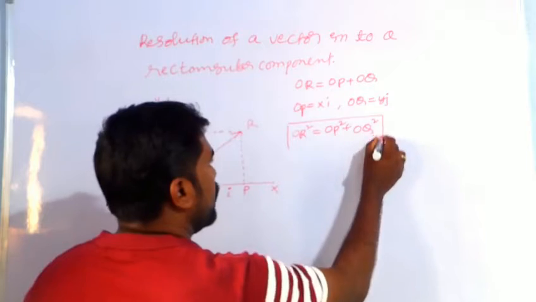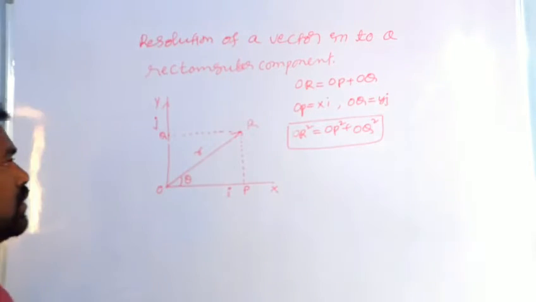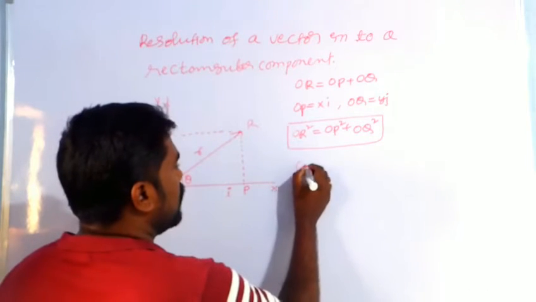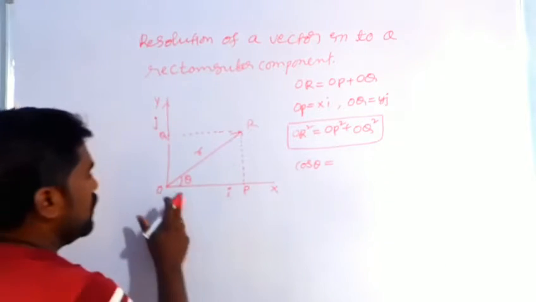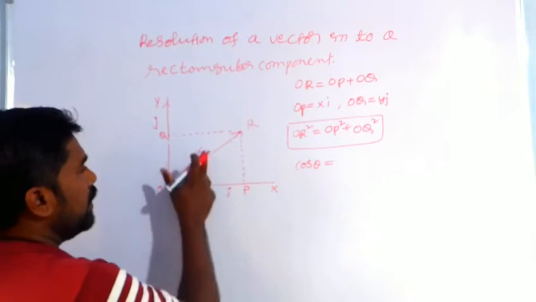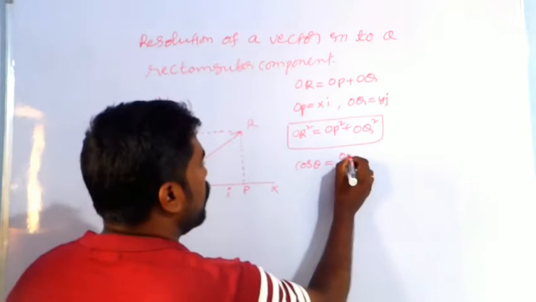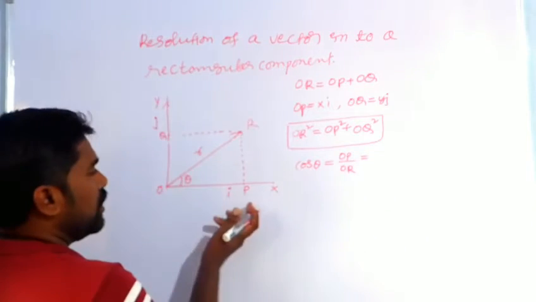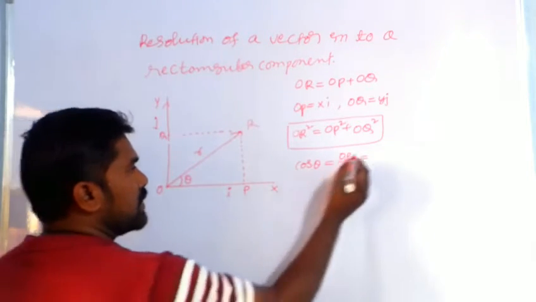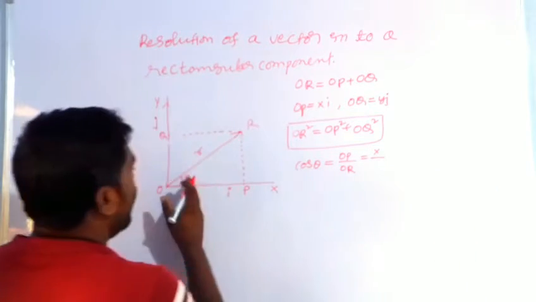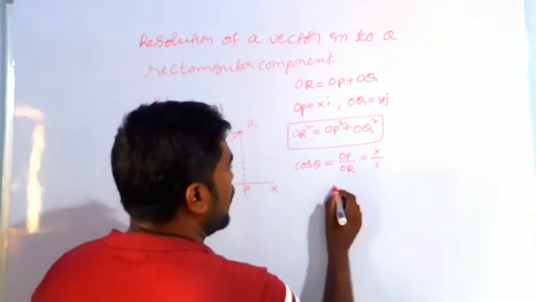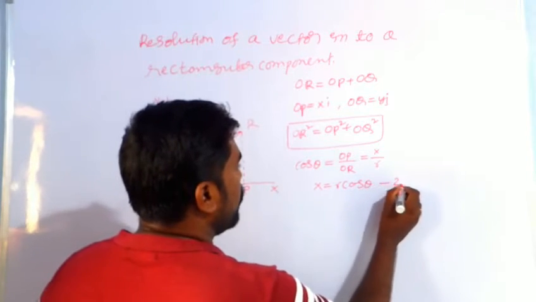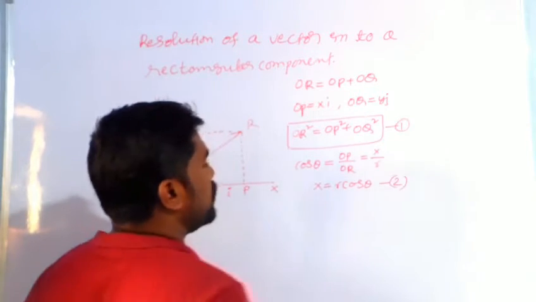Let it be remembered. Then cos theta equals adjacent by hypotenuse, that is OP by OR. OP is along the x-axis, that is x, and OR is small r. So x equals r cos theta. This is equation 2.